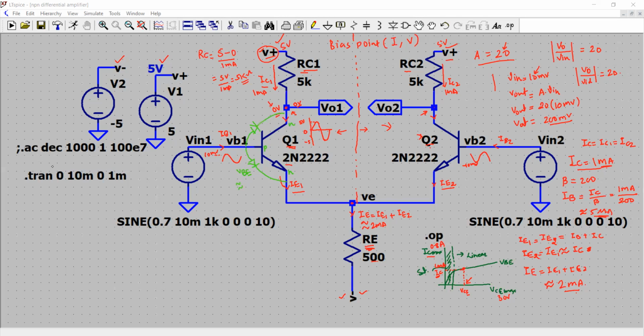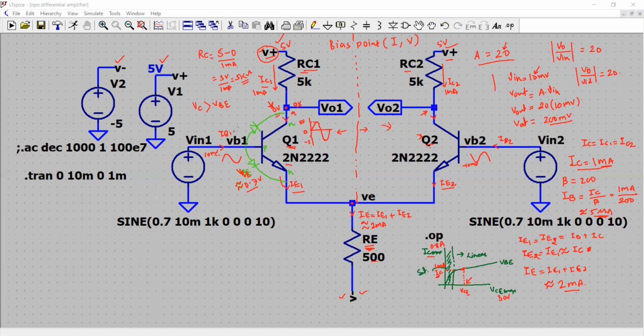So let me write here. This is my VBE, approximately 0.7 volts. And now I have 0 volts at the collector pin of the transistor. It means my voltage at the collector pin VC should be greater than VBE, that is, more than 0.7 volts.